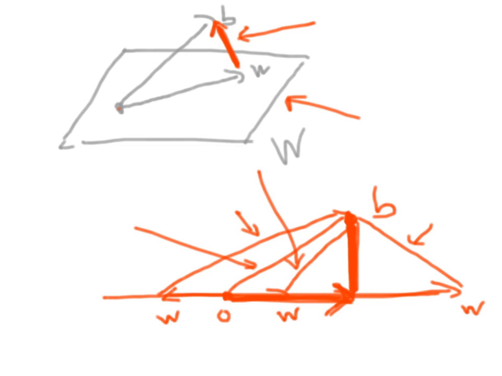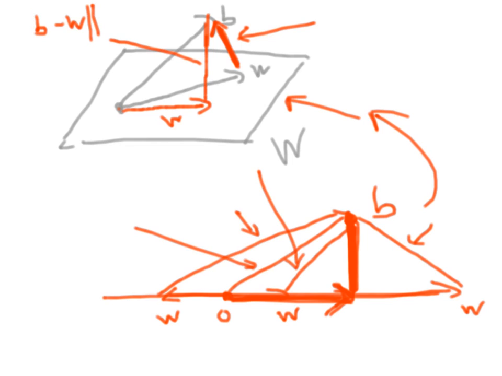So basically, going back to this case, to find the w that minimizes the difference between b and w, you just make the projection of b on the subspace, capital W. So let's say that this is something like this. Okay, so this w, the red one, is the one that minimizes the length of that vector, b minus w.